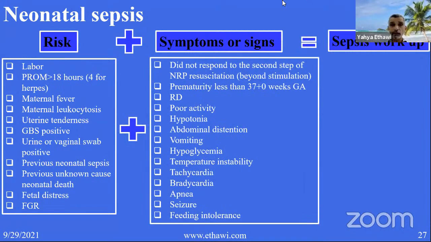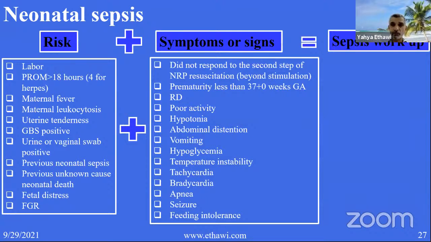Symptoms are any baby who is not responding to the first 2 steps of resuscitation. The first step, we use it for any baby, which is drying, warming, positioning, suction. That's the first step.